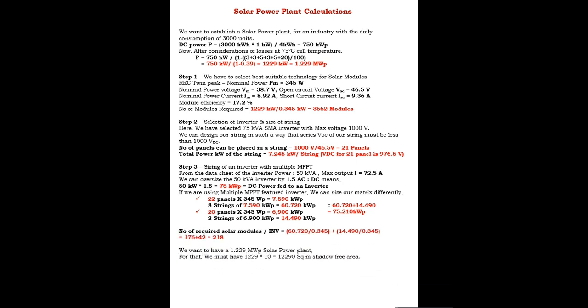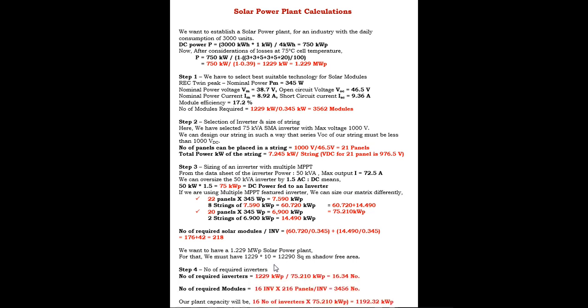Now for the number of required solar modules, it is this power divided by the module rating plus this power divided by the module rating. It is 218. Now we want this much power. We are having the shadow free area 10 times more, so we convert this into square meter.